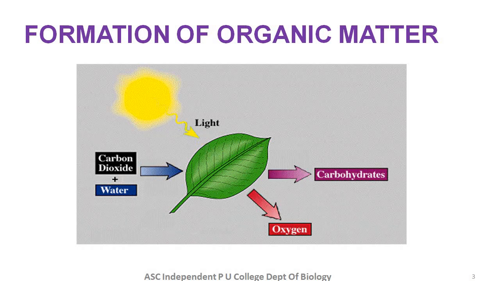Formation of organic matter. As we know, abiotic components include inorganic substances, organic substances, and environmental factors. During the process of photosynthesis, inorganic substances such as carbon dioxide from atmosphere and water from hydrosphere, in the presence of sunlight and a pigment called chlorophyll, combine to form glucose, which is an organic substance.